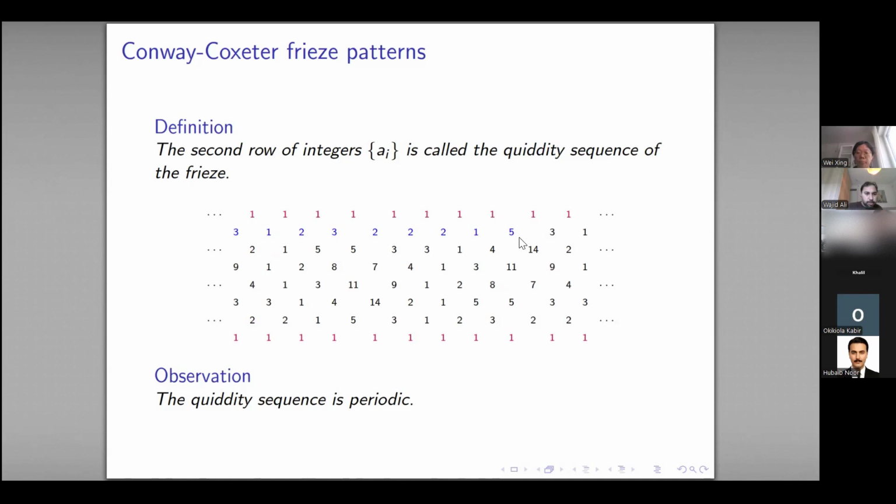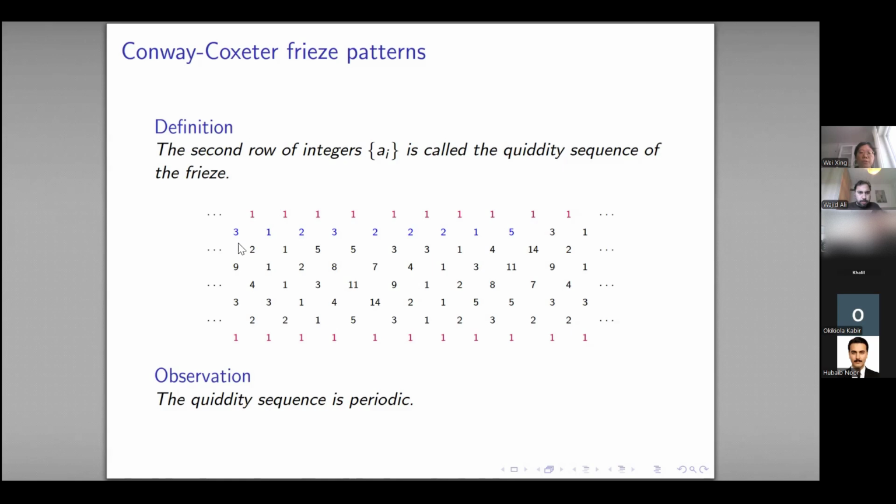Again, if we just put a random sequence here, we cannot be sure that while applying the diamond rule, we would always get positive integers. So there are certain restrictions on when such a sequence can be the quiddity sequence of a Frieze.